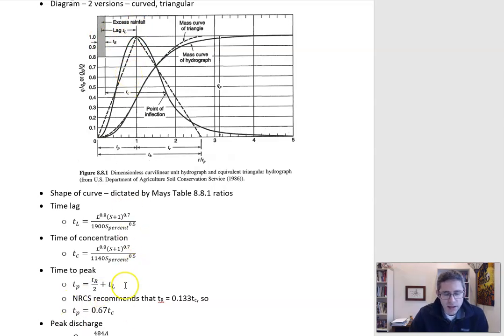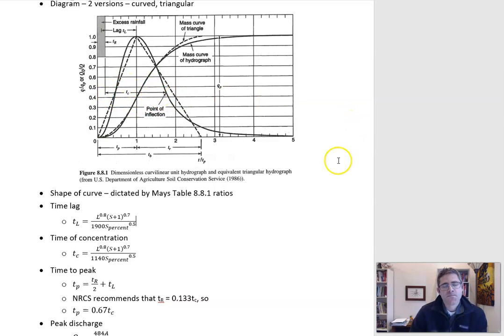But part of the NRCS method is that T sub R, the duration, is 0.133 times the time of concentration. So that means the time to peak, if we substitute all that in, is equal to 0.67 times the time of concentration. This distance is 0.67 times the time of concentration.